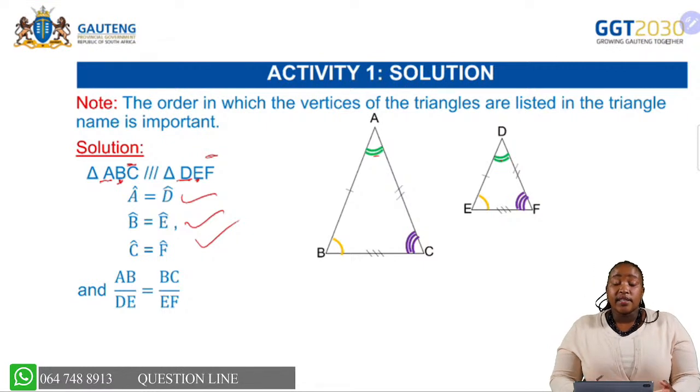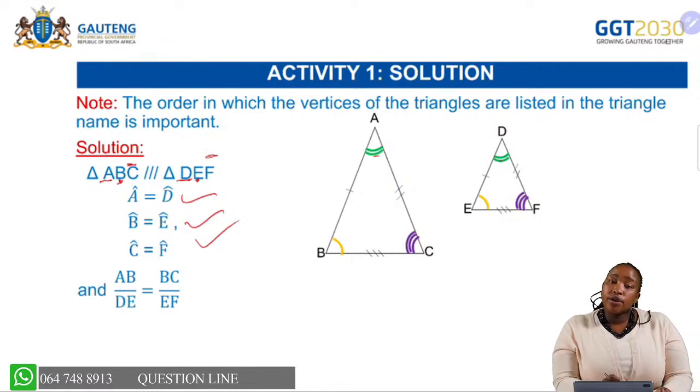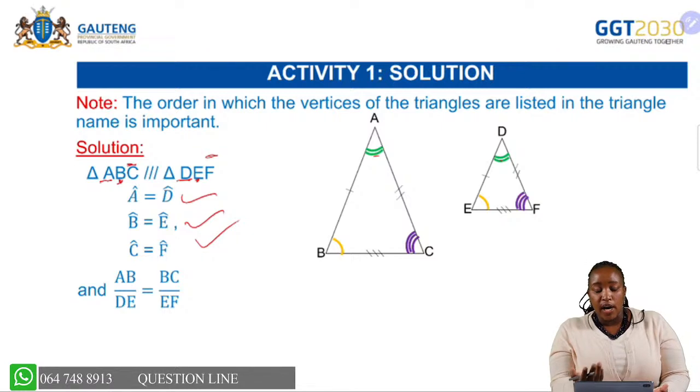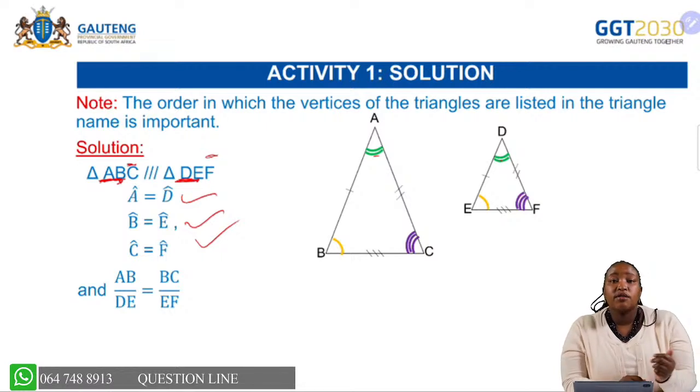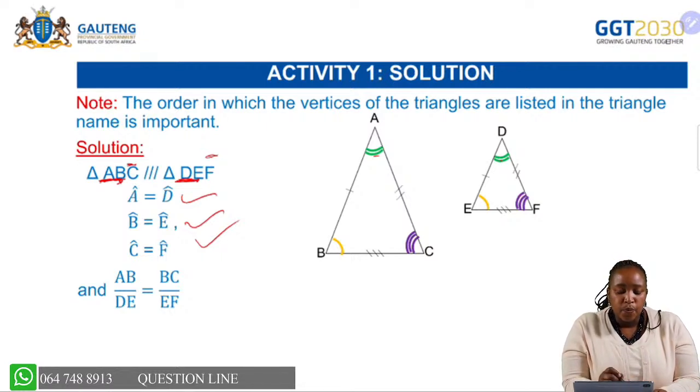Now you also have to find the sides. When you're working with the sides, you're working with ratios, right? So you just need the two letters in each triangle, and you use the other two letters in the second triangle so they correspond. We are going to divide the big triangle by the smaller triangle. So AB will correspond with DE. So we are going to say AB divided by DE. It will be equal to, because we are told they were similar, so their ratios must be equal.